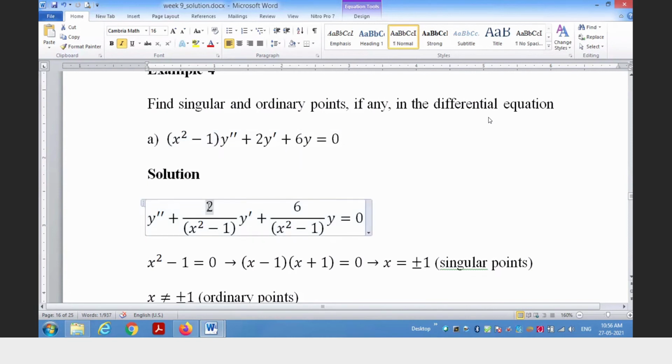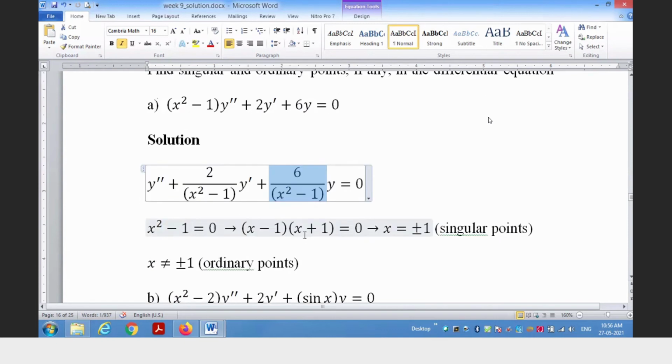So this is your P1(x), equal to 2 over x squared minus 1, and your P2(x) is equal to 6 over x squared minus 1. Focus on P1.